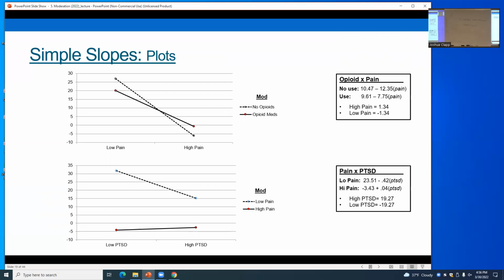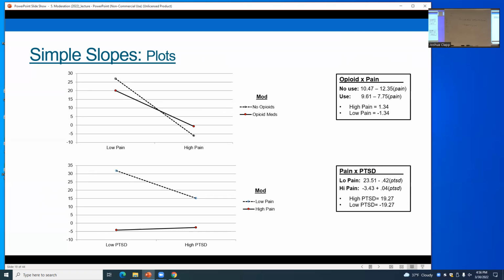That slope is indicating magnitude of association, right? So for people who are taking medications, there's a weaker association between pain and functioning than for those who aren't. For people who aren't taking medications, we're seeing a stronger negative association between pain and role functioning.